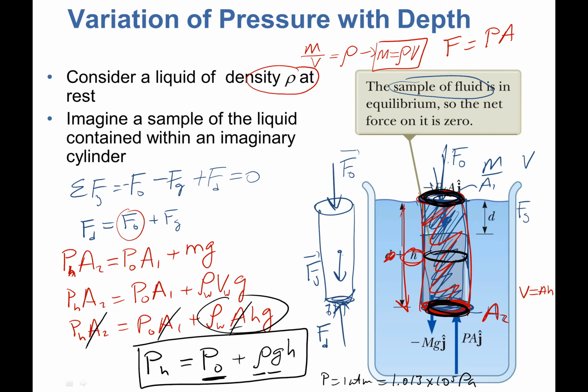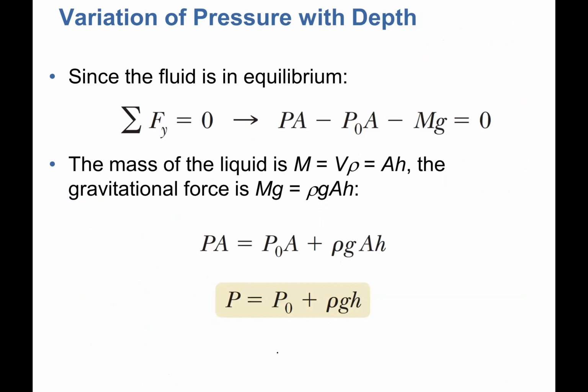This is 9.8, and this is your height. That means this term becomes bigger and bigger if you have a height which is bigger and bigger. If you increase the depth, you are increasing the pressure. So again, this is the complete breakdown of the equation, and this is our pressure.